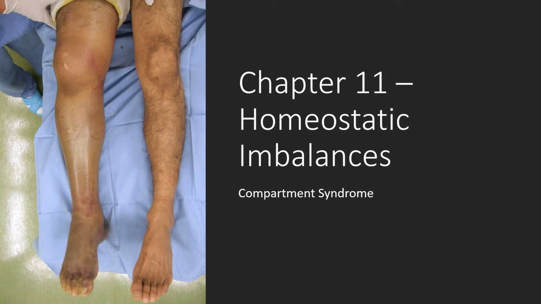Now, the serious consequences we can have would be a lot of tissue injury or even tissue death. And so we do have to treat this as quickly as possible. One treatment option is a surgical procedure in which the muscle fascia is cut to relieve that pressure.